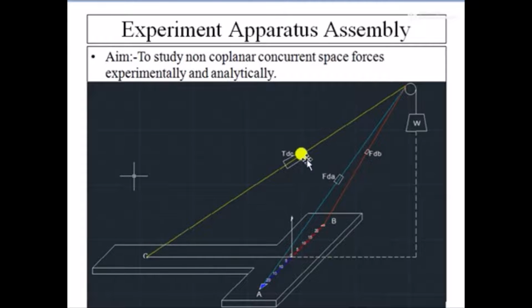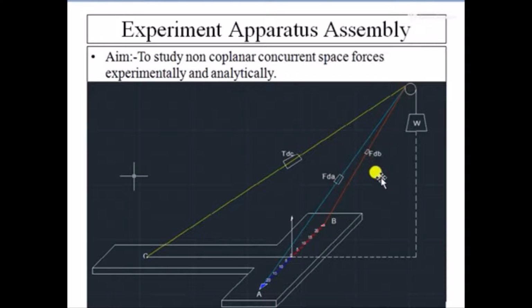This is C and the point above is D, together with a provision for loading at D. We have connected the rigid bars AD and BD and the tie bar CD together at point D, and we have applied a weight W here.